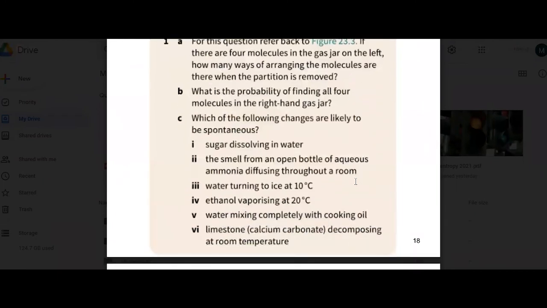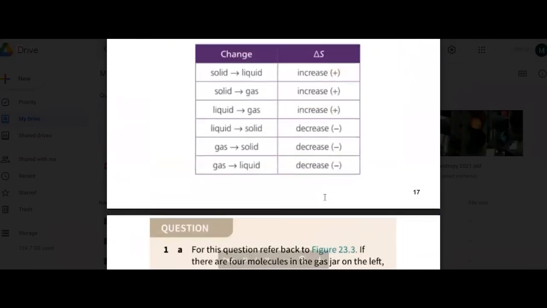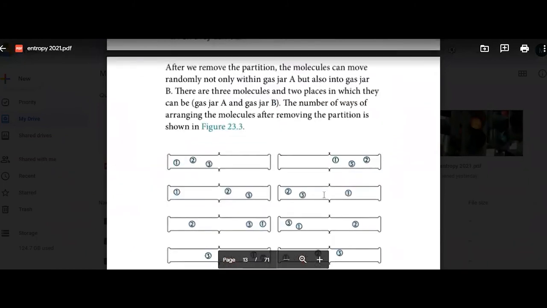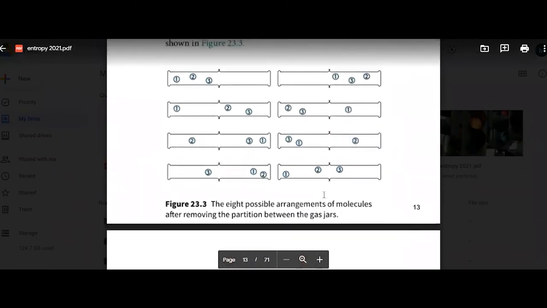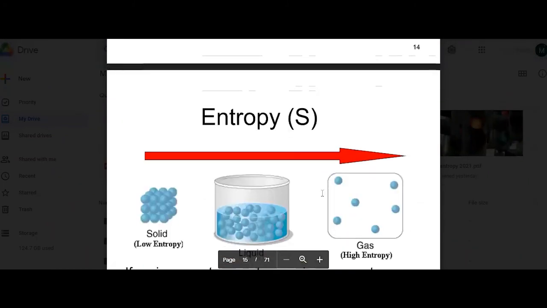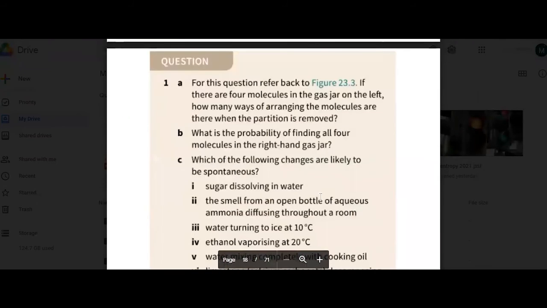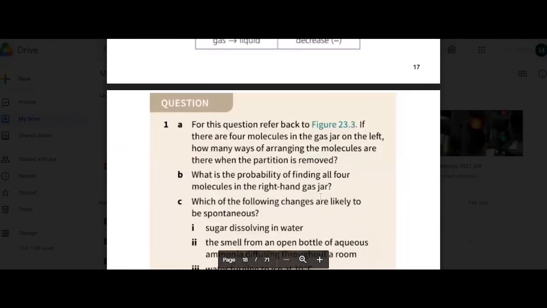For this question, refer back to figure 23. If there are 4 molecules in the gas jar on the left, how many ways of arranging the molecules are there when the partition is removed?